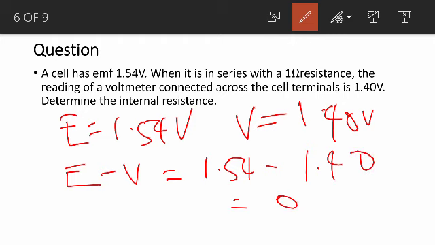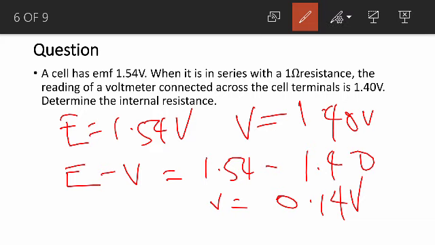That is going to give us 0.14 volts. Okay, that we can call the lost voltage, but we don't know what the current is. So how do we find our current? We can write that somewhere, 0.14 volts.